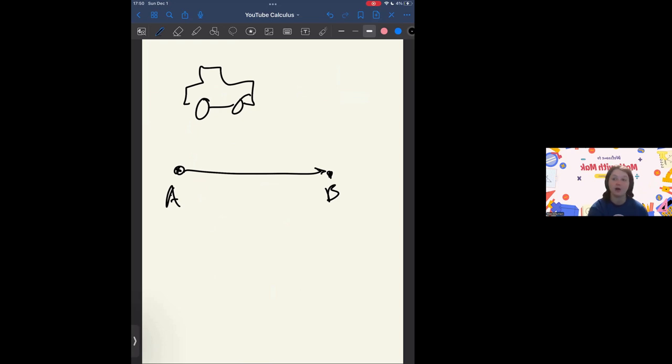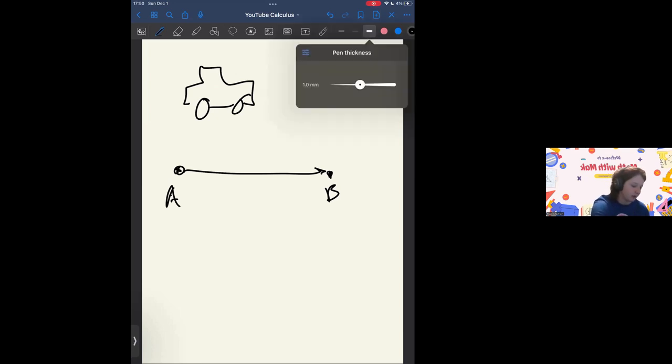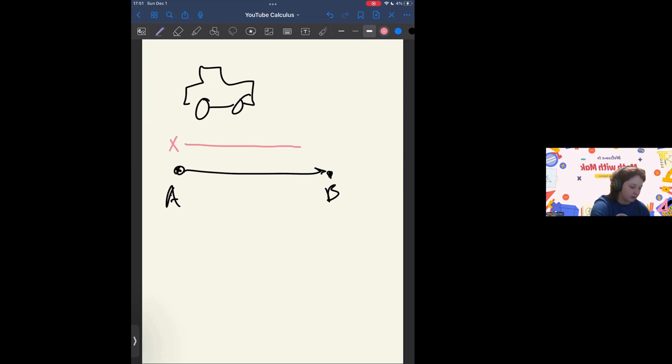For example, I've driven from Knoxville to Nashville, right? But in real life, we don't just teleport from A to B. There is some kind of rate of change as I go from not moving at all, to moving, to again not moving at all, because I start at rest and I end at rest. I get in my car, I'm not going anywhere.